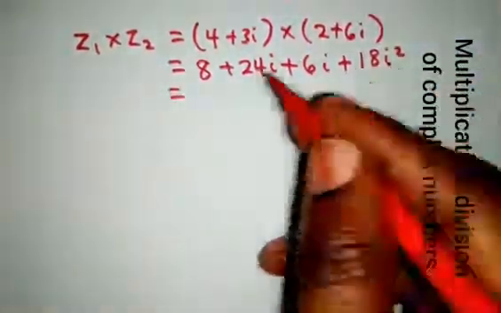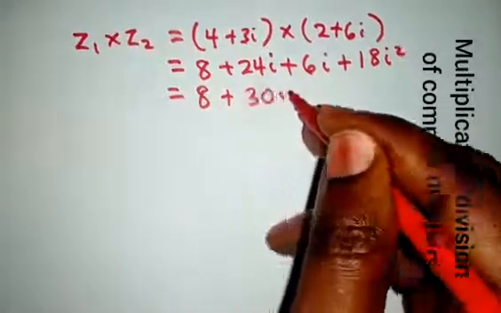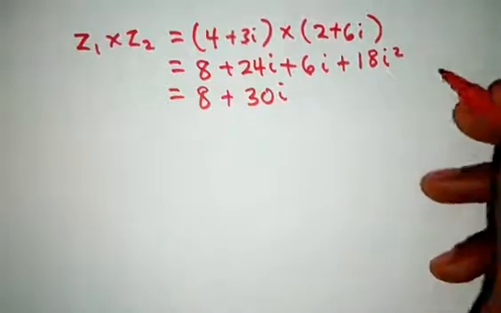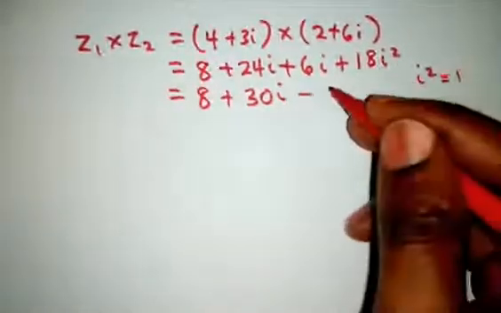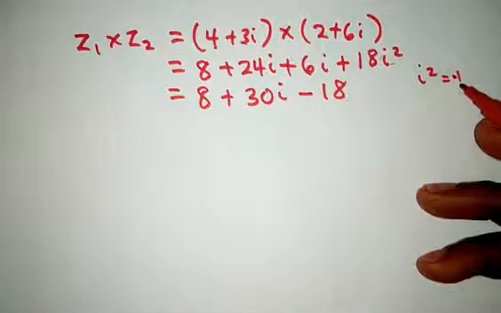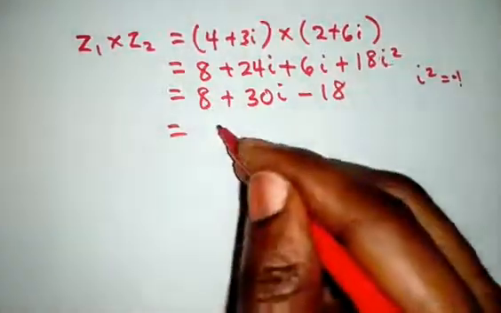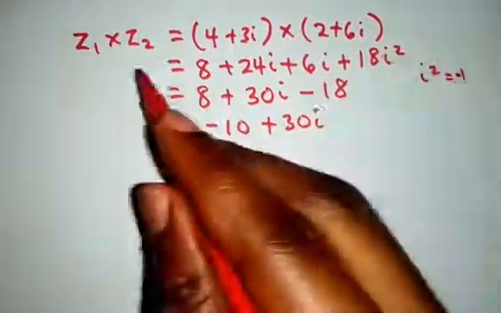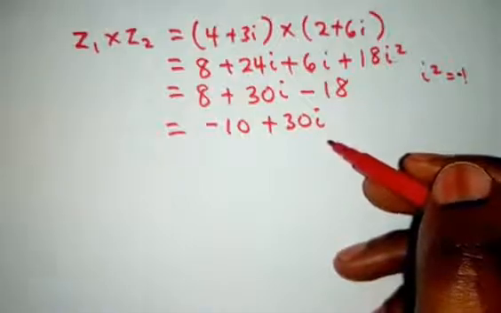And this gives 8 plus 24i plus 6i gives us 30i. Now, remember i squared equals minus 1. So we have minus 18 because i squared is minus 1. And this gives 8 minus 18 is minus 10 plus 30i. So z1 times z2 gives minus 10 plus 30i.